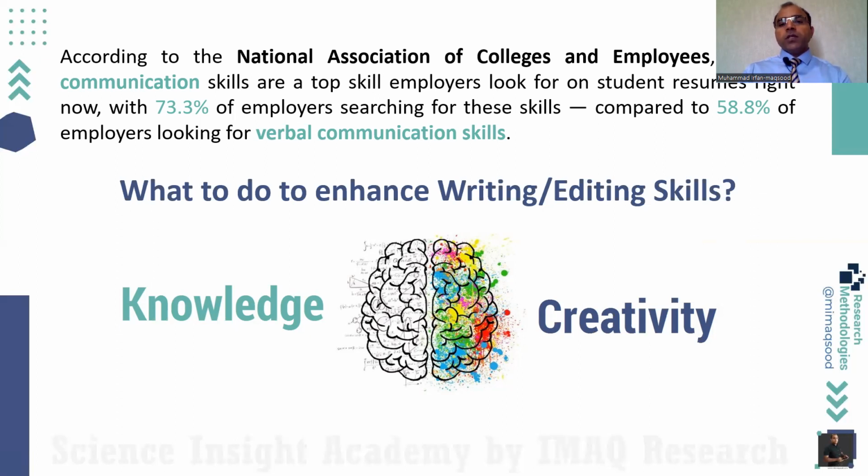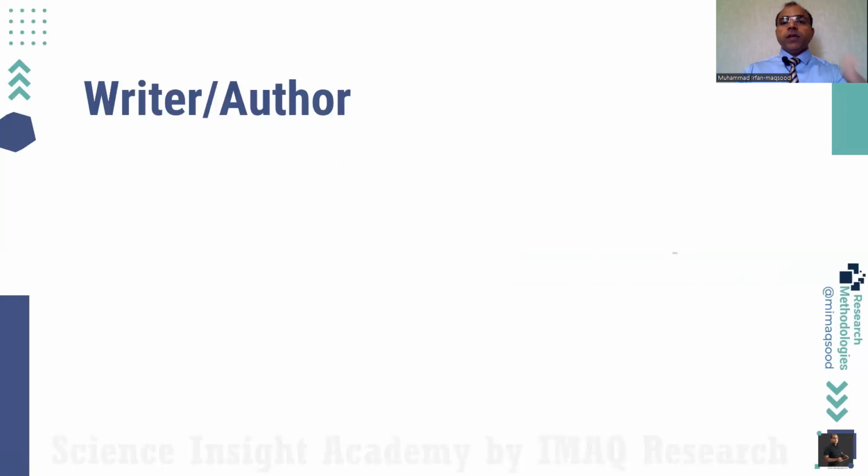If you have knowledge but you don't know how to write it, meaning you learn some knowledge but don't know how to create new versions, how to criticize, how to analyze the knowledge. So you have to learn how to divide your brain into two sections, one part for knowledge and the second part for creativity. The knowledge and creativity should go parallel to develop your writing skills.